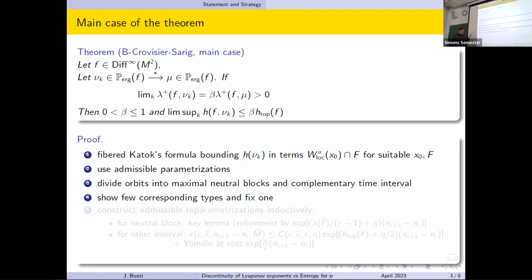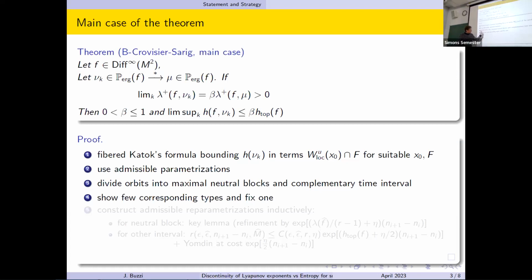So we do what we did to prove the lemma, and what people often do, of course. We have some combinatorial diversity, which is where these blocks are.